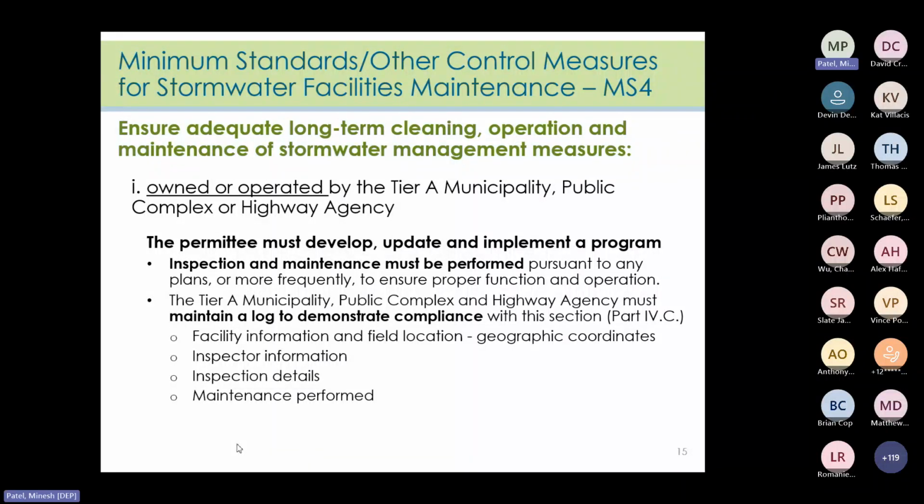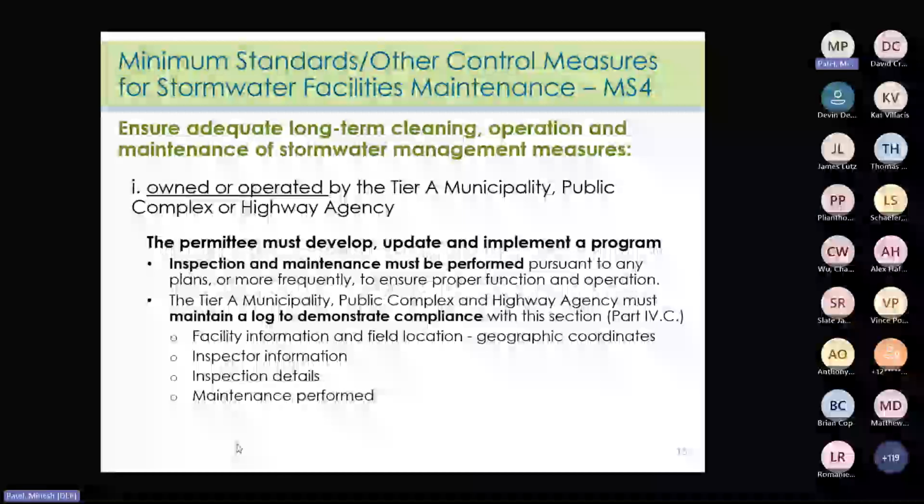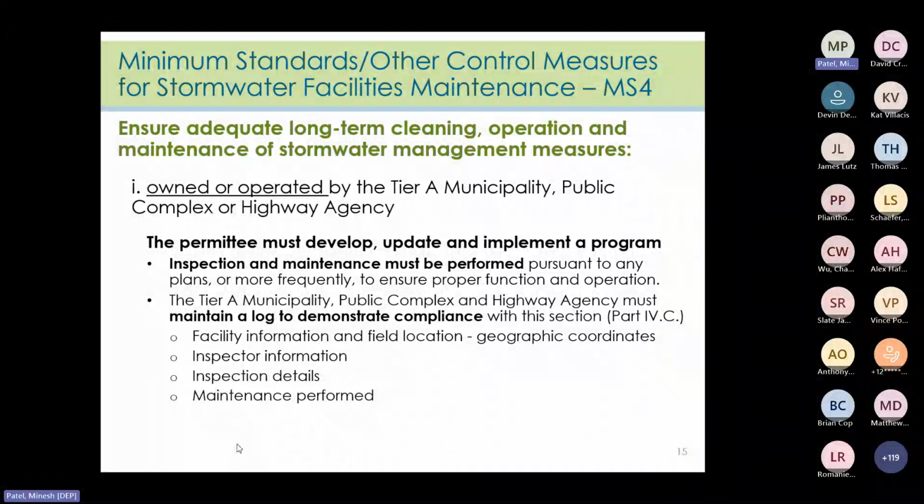The permit requirements for ensuring long-term cleaning, operation, and maintenance provided are divided into two classes based on ownership or operational status for the Tier A, public complex, and highway agency permit. The first group is facilities owned and operated by a municipality.